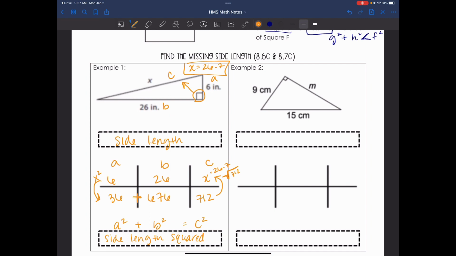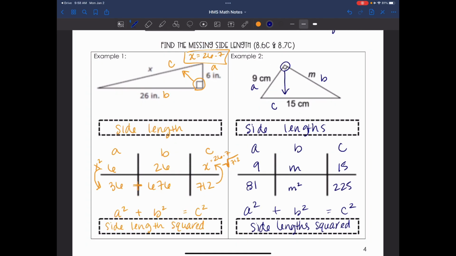Now, I would like you to try that with example 2. I would start by labeling all your sides. Find your hypotenuse, find your two legs. 25. Well, this looks like an algebraic problem now. So first, to figure out what m squared is, I'm going to have to subtract the 81, right?